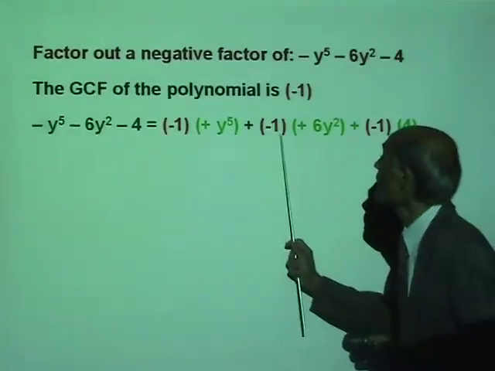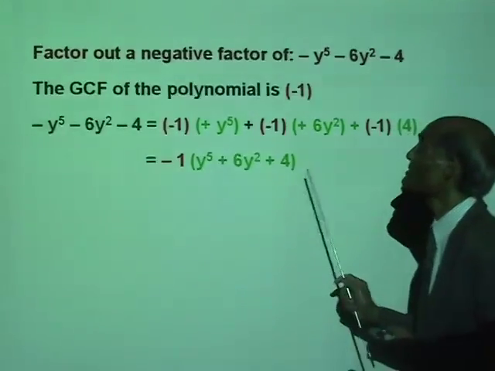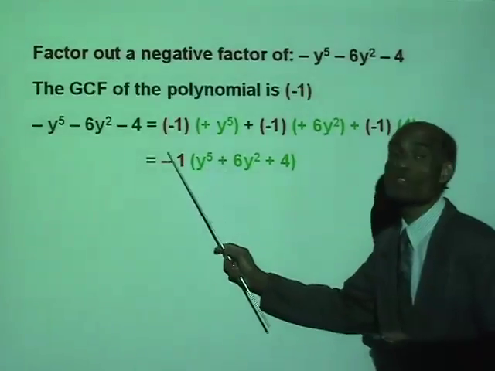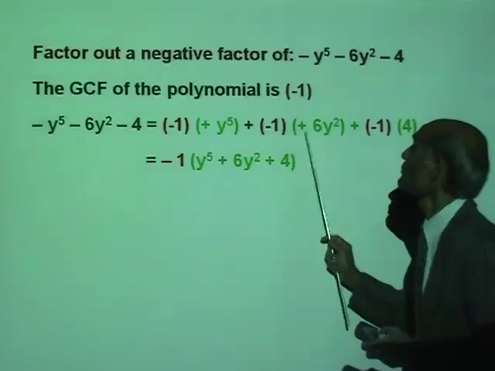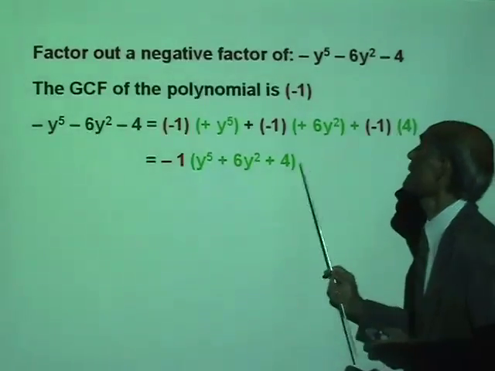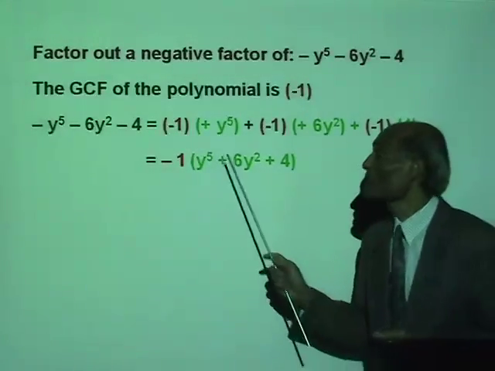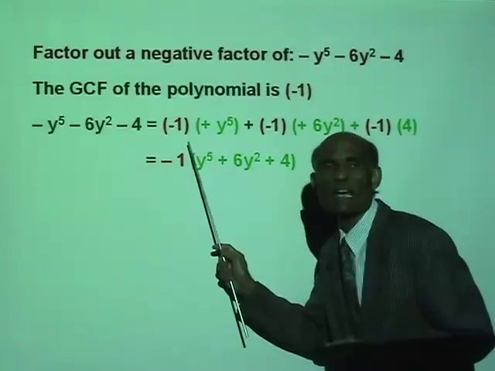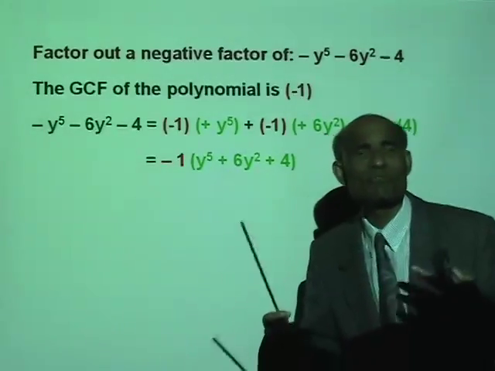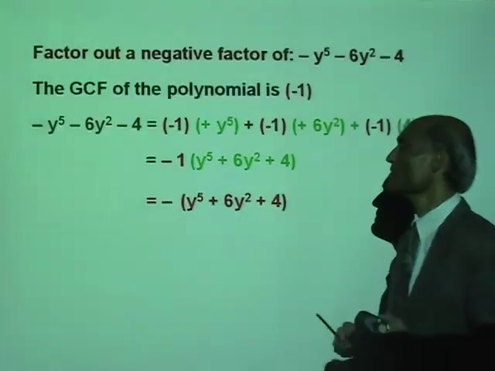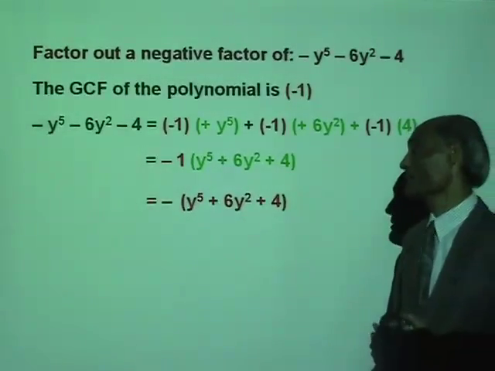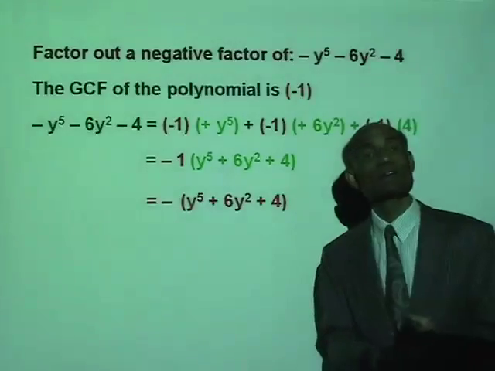We can now pull out the common factor negative 1. That would be negative 1 times y to the power of 5 plus 6y squared plus 4. And you don't need that negative 1 there. That negative 1 can be simply written as a negative sign. So that would be negative y to the power of 5 plus 6y squared plus 4.